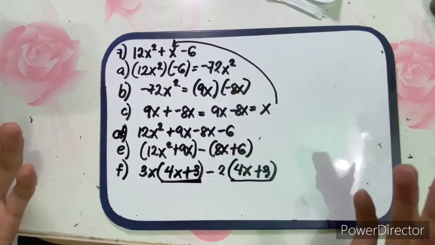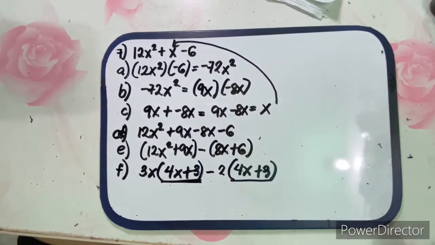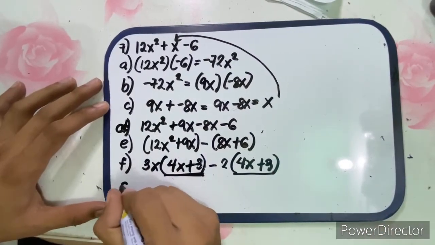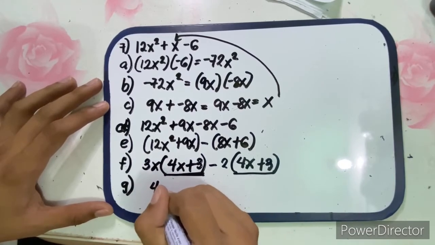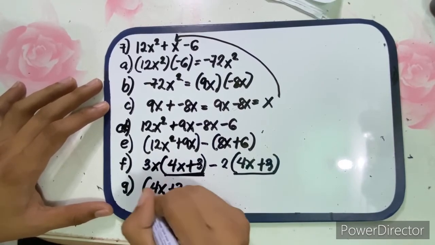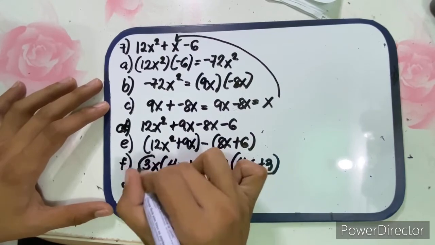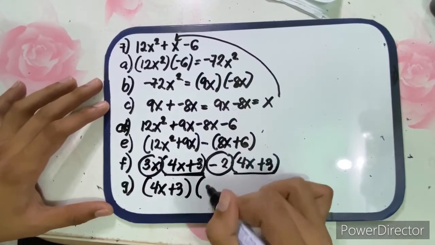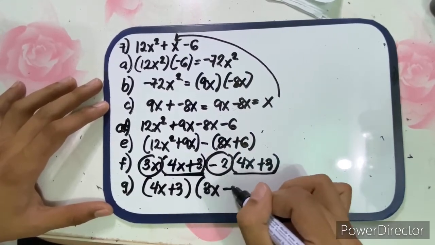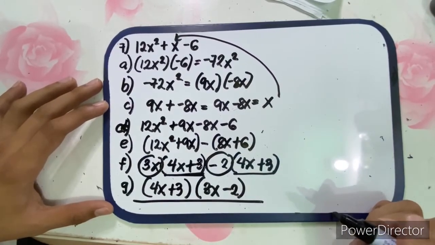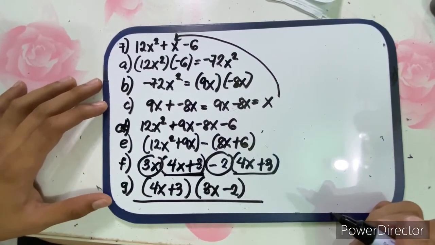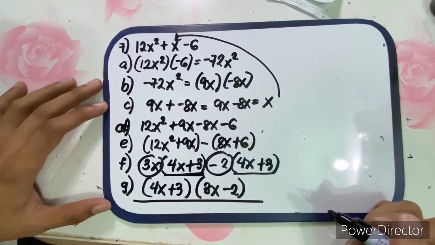Here I'm showing you directly the correct steps. So we can write here, factor out the common binomial, 4x plus 3. Then copy the remaining, 3x minus 2. So we have the correct answer. The factors are 4x plus 3 and 3x minus 2.